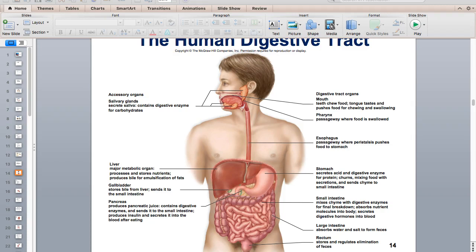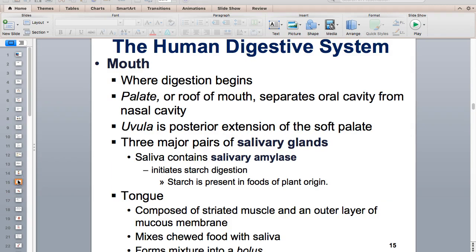Make sure you know the difference between accessory versus main organs. So on this side are the accessory organs, okay? On this side are the digestive tract organs. You can see it's kind of small the way it's written here, okay? Accessory organs, digestive tract. We're going to go through these now, but this is a super helpful slide to study from.